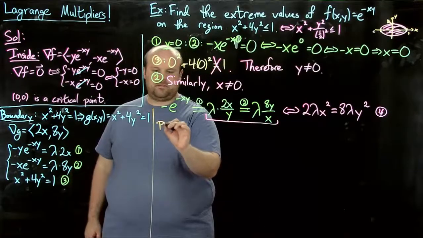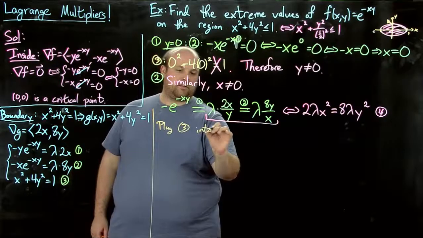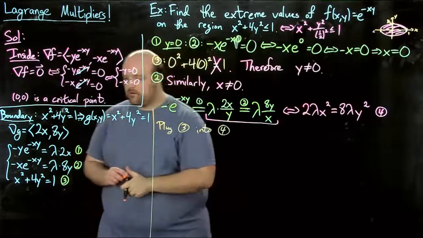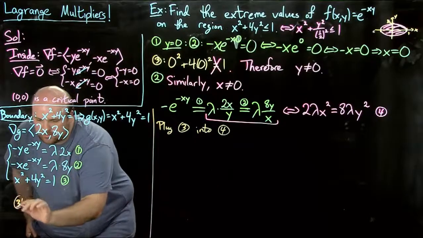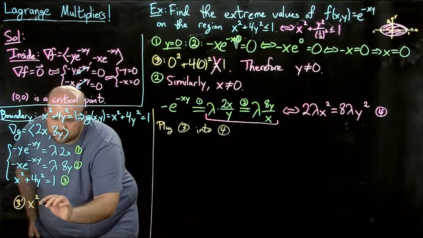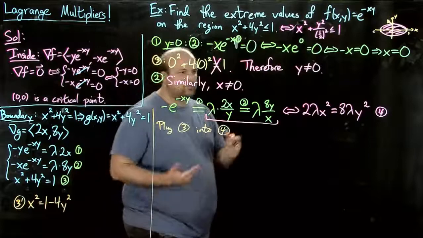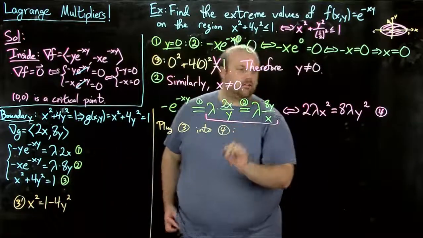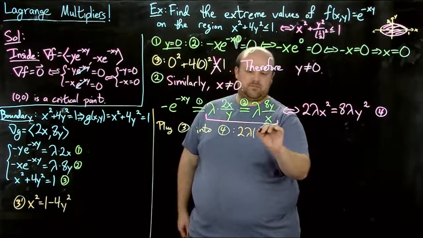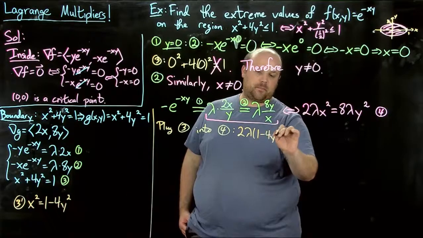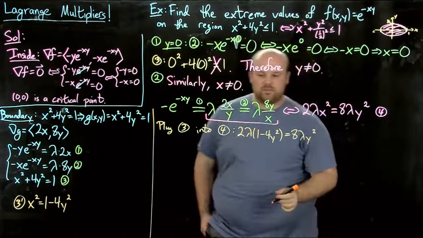Let's plug 3 into 4. Right? But the way we're going to do that is notice that we can kind of make a 3 prime down here, which is x squared is 1 minus 4y squared. Okay? So let's go ahead and plug that in. Then we get 2 lambda times (1 minus 4y squared) equals 8 lambda y squared.